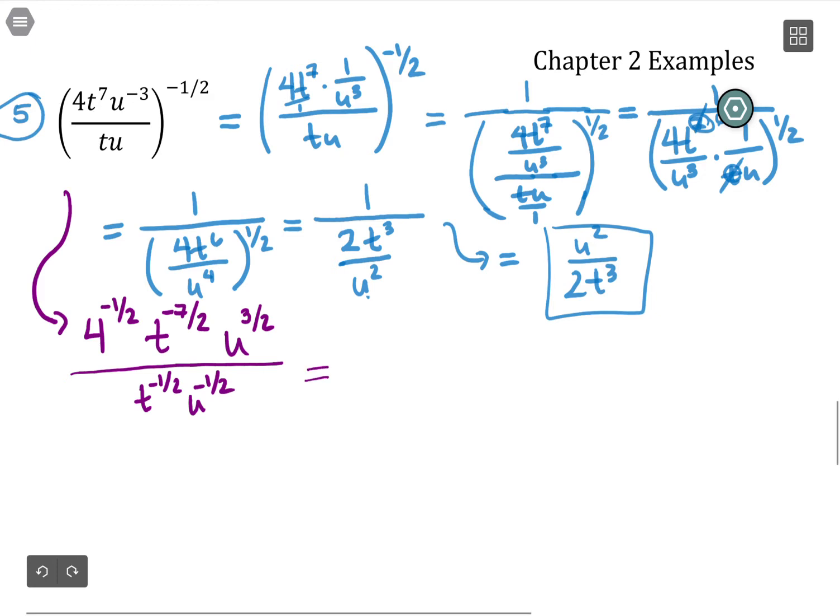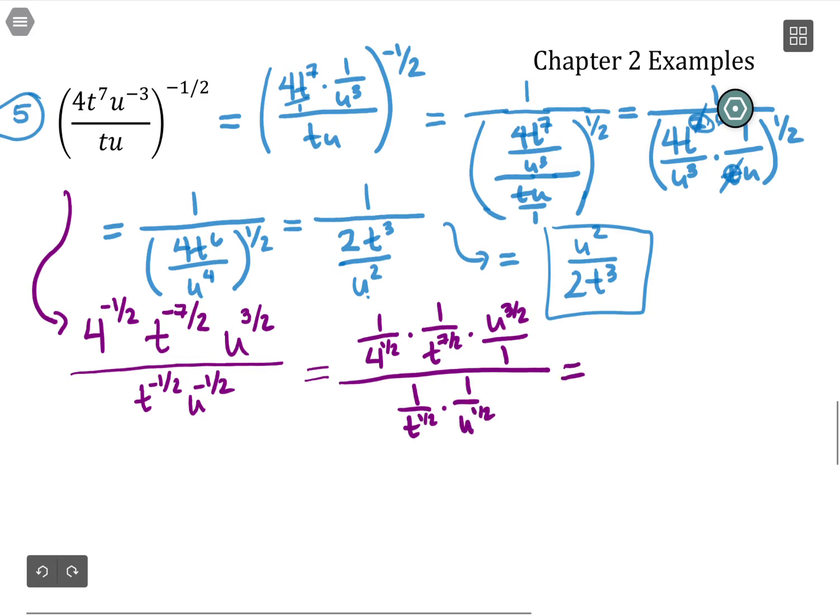Okay, so this is the same as 1 over 4 to the 1/2 times 1 over t to the 7/2 times u to the 3/2, and I'm going to put that over 1, so I'm lining those up right in my mind, over 1 over t to the 1/2 times 1 over u to the 1/2.